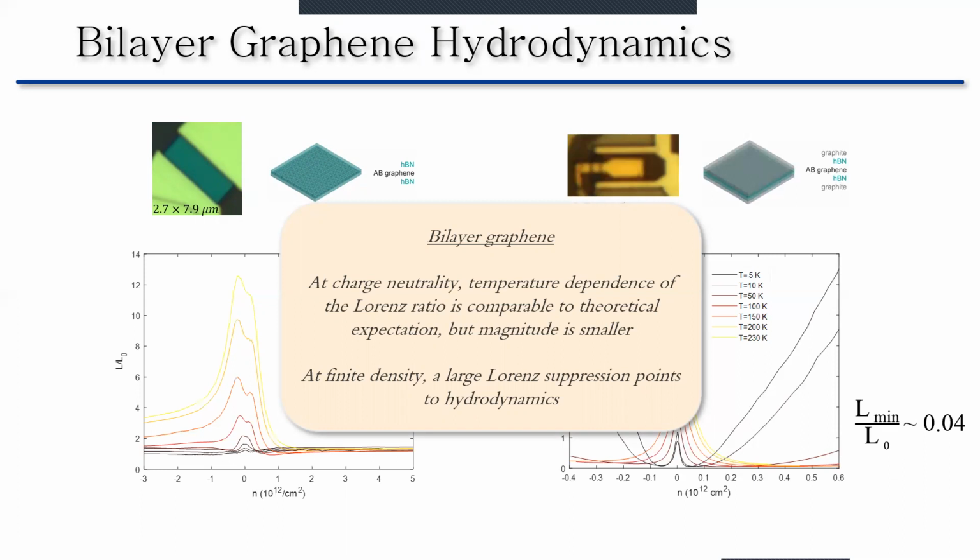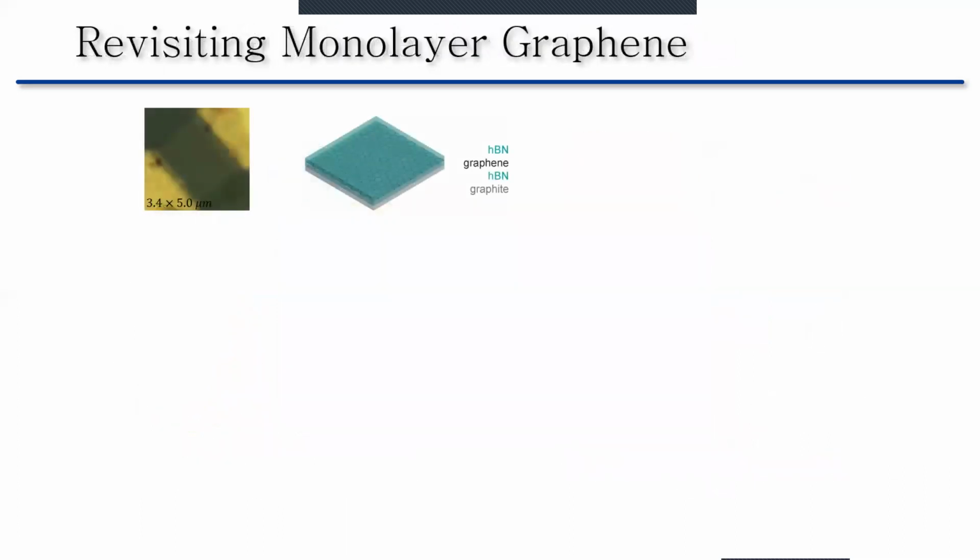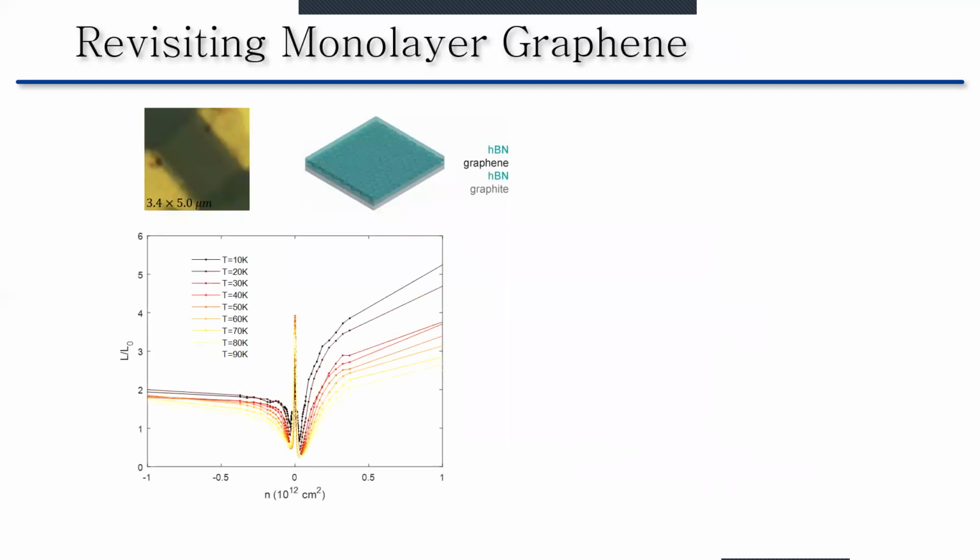So with these preliminary conclusions in mind, let's go back and look at monolayer graphene. Here, we're going to take an encapsulated monolayer graphene device with a piece of graphite beneath as our cleaning gate. And let's jump straight to the Lorentz ratio.